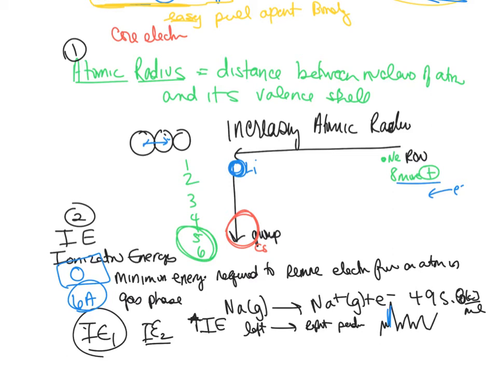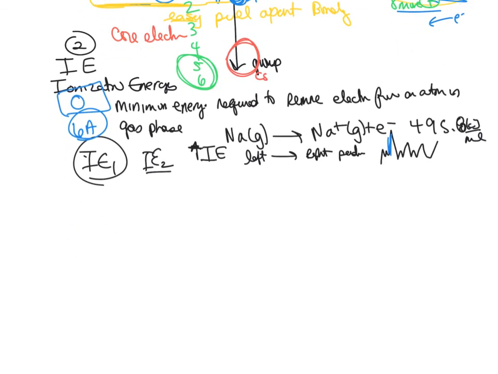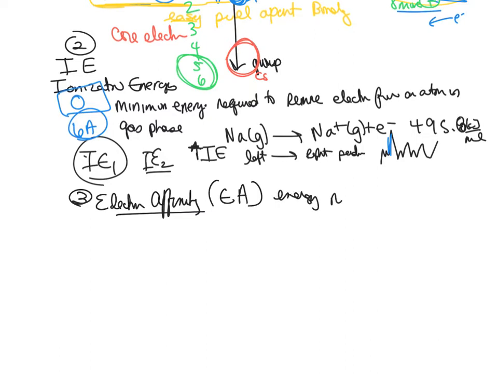That's ionization. Let's talk about electron affinity. So now we have electron affinity. Electron affinity is often just EA, and it is the energy released. So it's the negative enthalpy change when an atom in the gas phase accepts an electron.